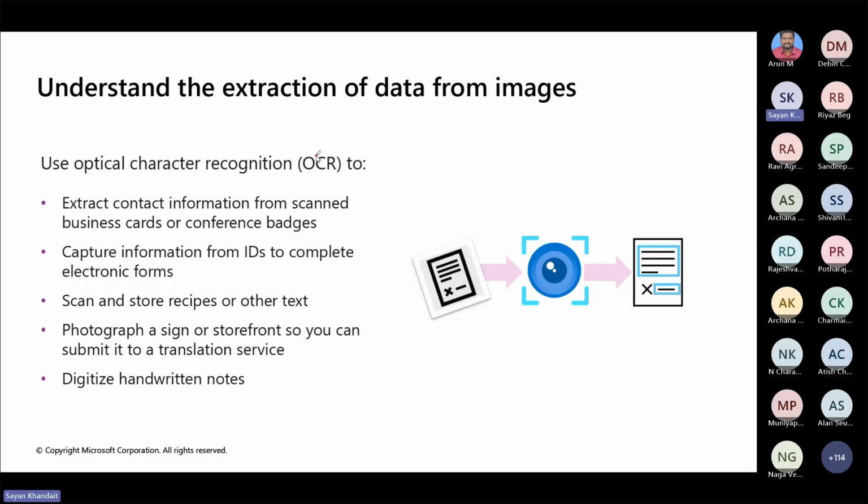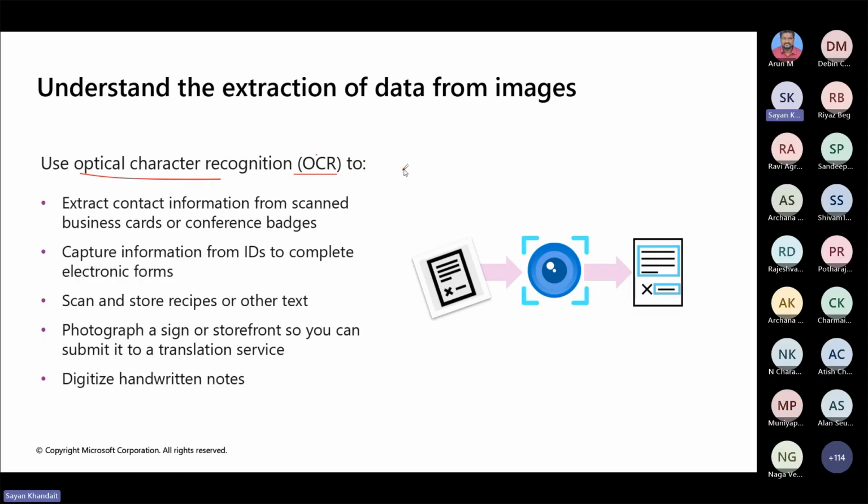Now, just like I mentioned while discussing the previous topic, optical character recognition is a technology that is present as part of the vision service as well as part of the document intelligence service. Optical character recognition, or OCR in short, helps computers recognize that an element in an image contains some piece of text.